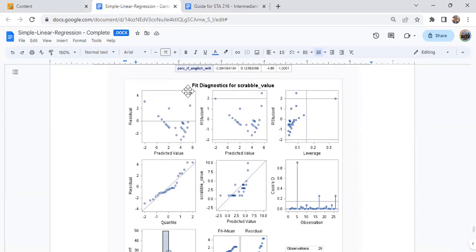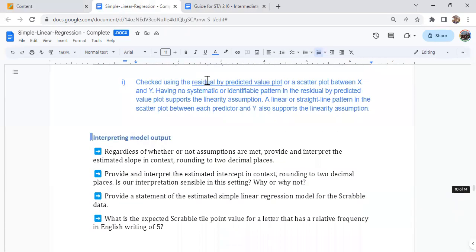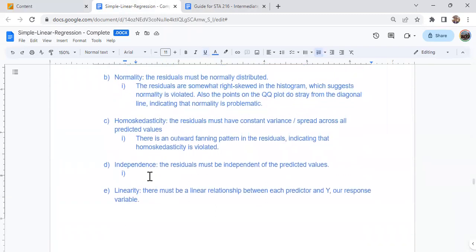It's heteroscedastic, but if you know the predicted value, I would say no, you don't have a pretty good guess at what the residual is going to be. If you look here, it could be really negative still. It could be really positive. You don't know. So actually that assumption is met.